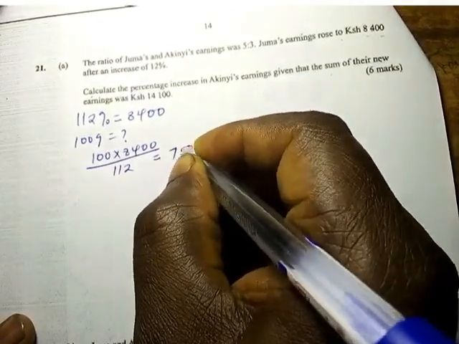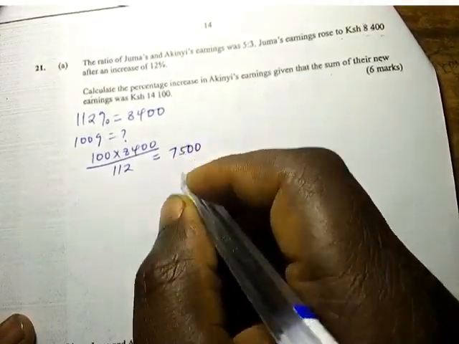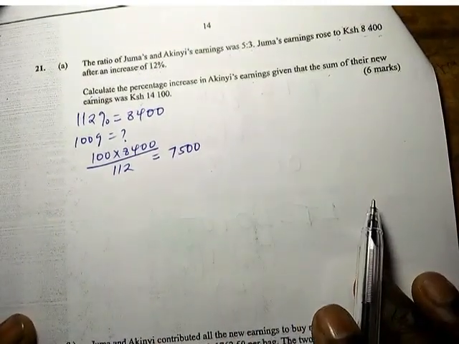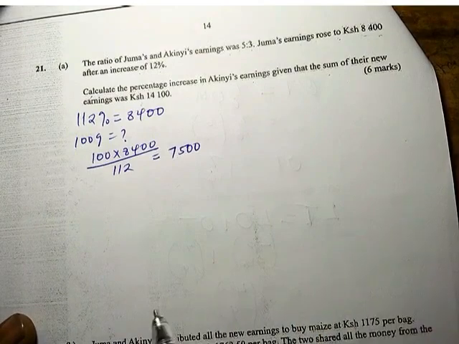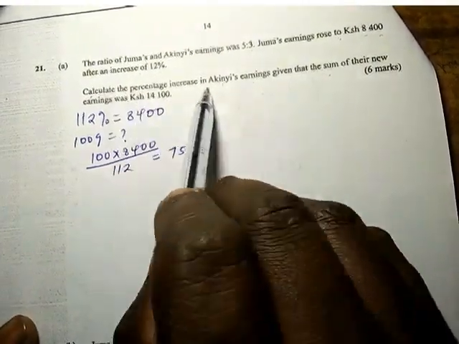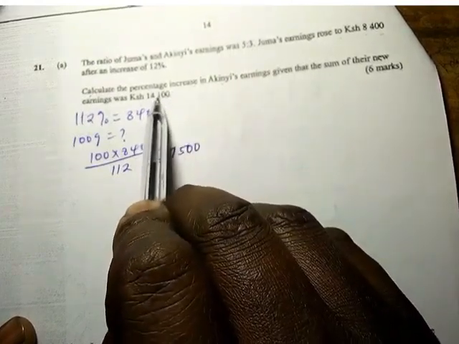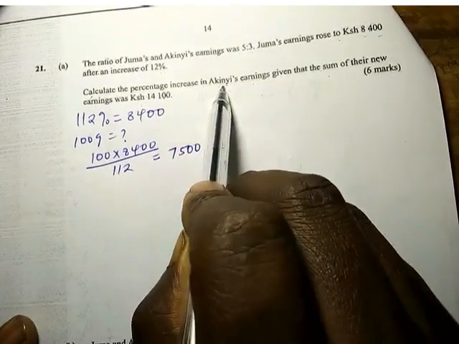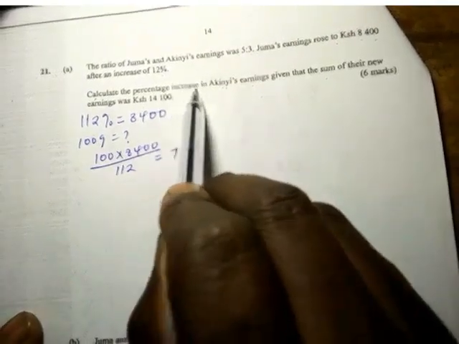So before an increase, Juma was earning 7,500, right? Now the next thing, both of them, after an increase, the total sum came to this. Now we can get the earning of Akinyi after an increase.